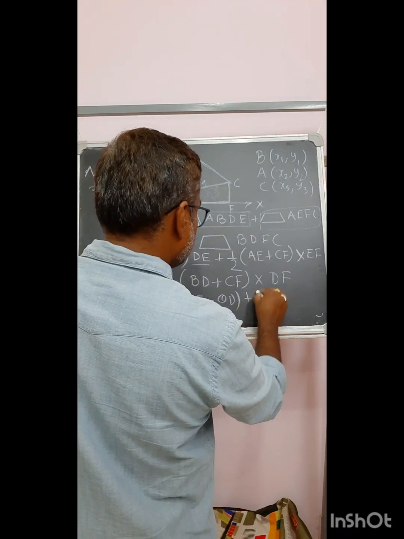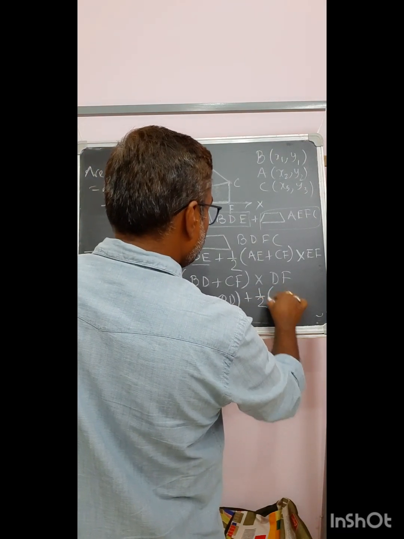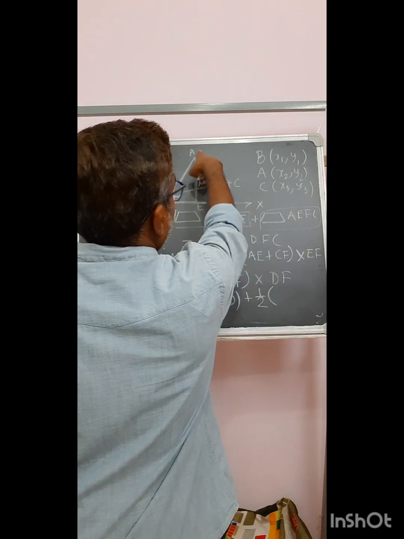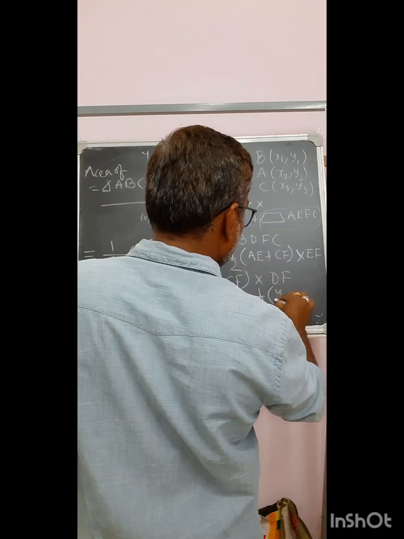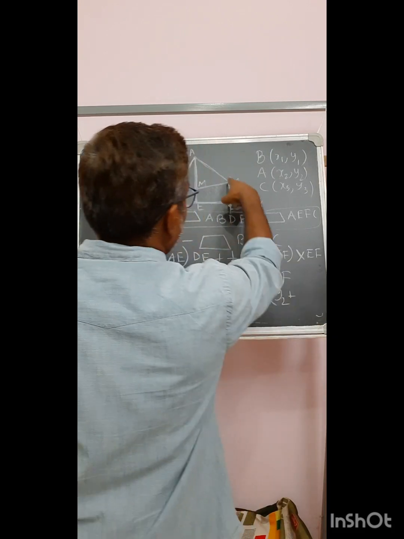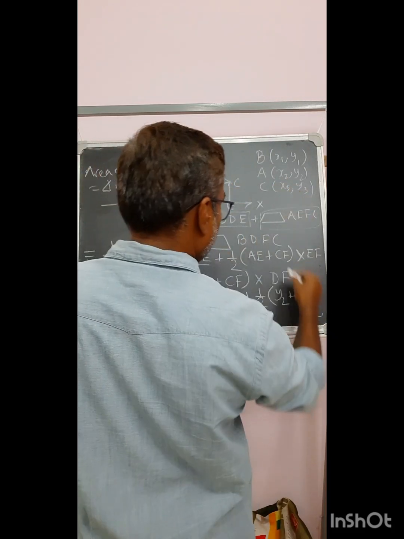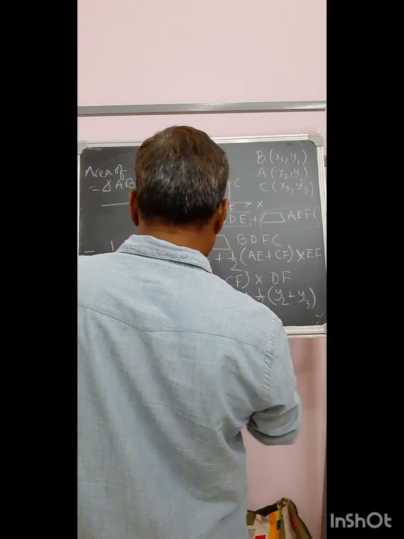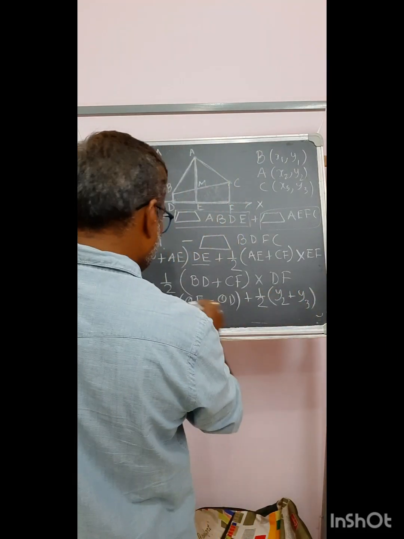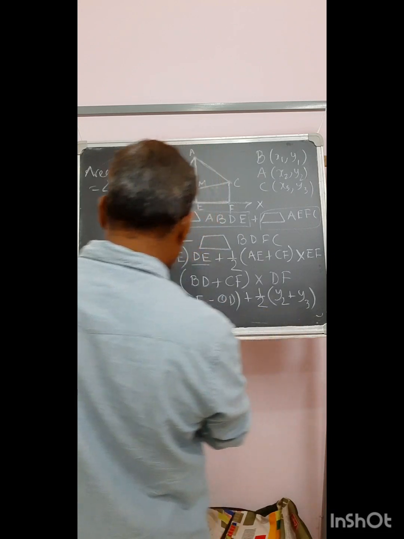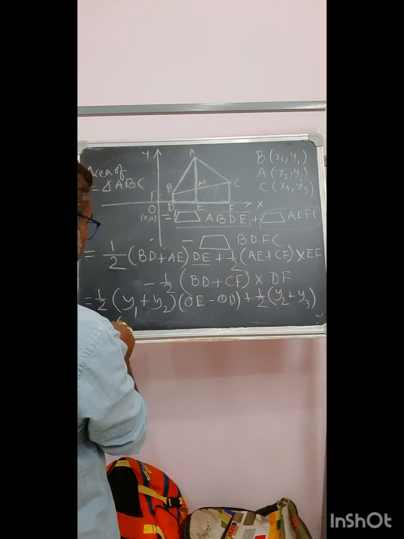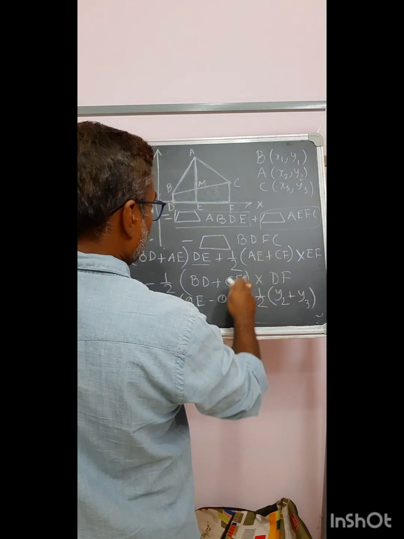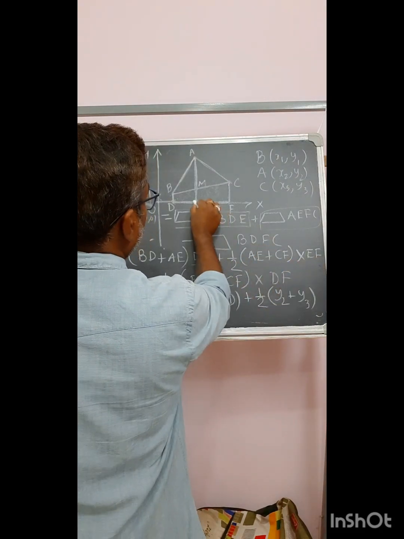Now coming to the second term, AE is nothing but the y-coordinate of A, that means y2, and CF is the y-coordinate of C, y3, and similarly I will write that multiplied with the second part, EF.